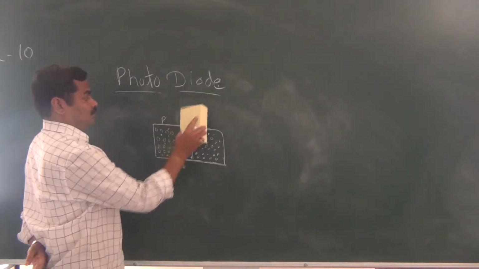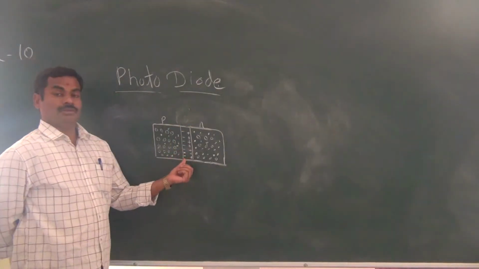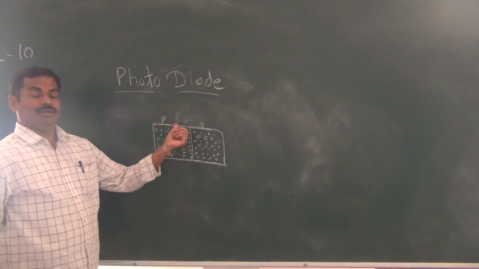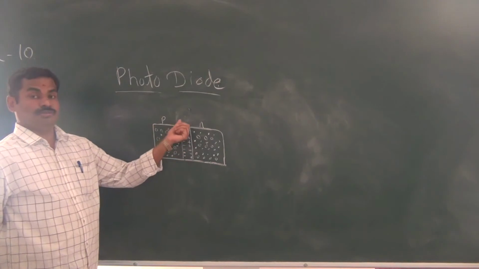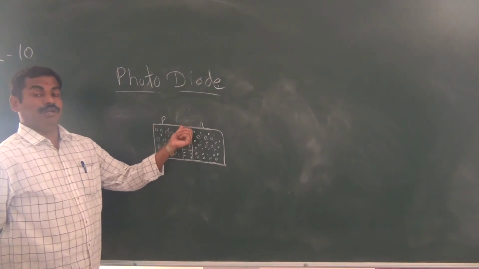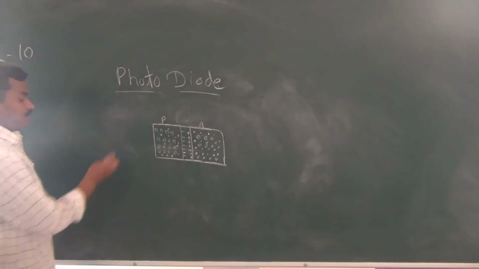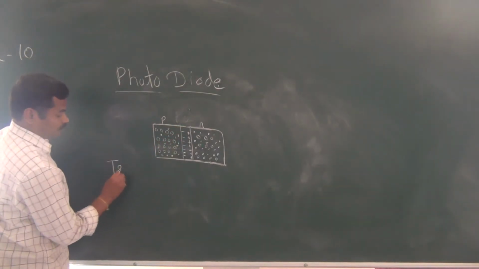The important thing, actually you can look here. Your photodiode consists of, in the junction here, a transparent window. Why do we want a transparent window here?